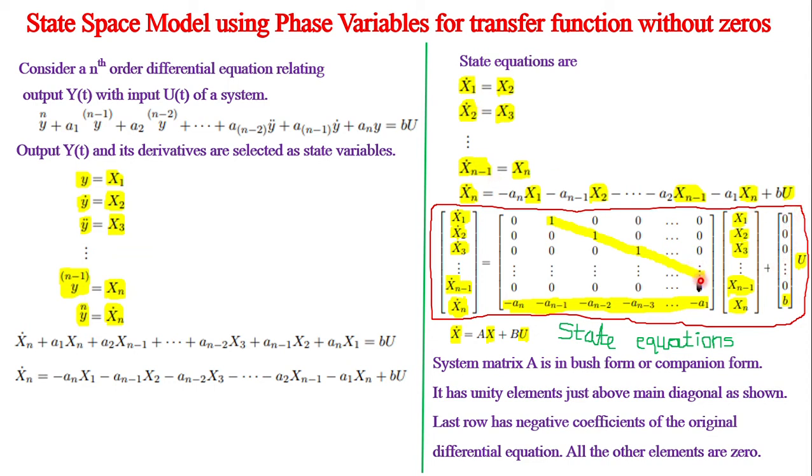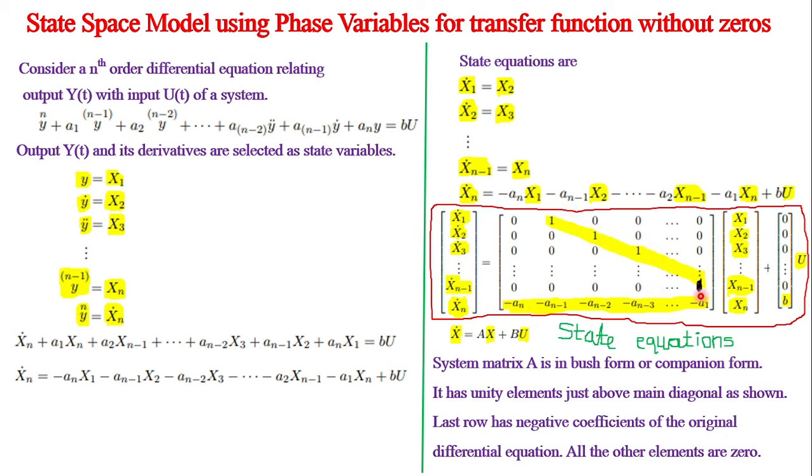So if you carefully go through all this, what we can understand is that the elements just above the main diagonal, this is the main diagonal, the elements just above the main diagonal, they are 1, 1, 1, 1, 1.